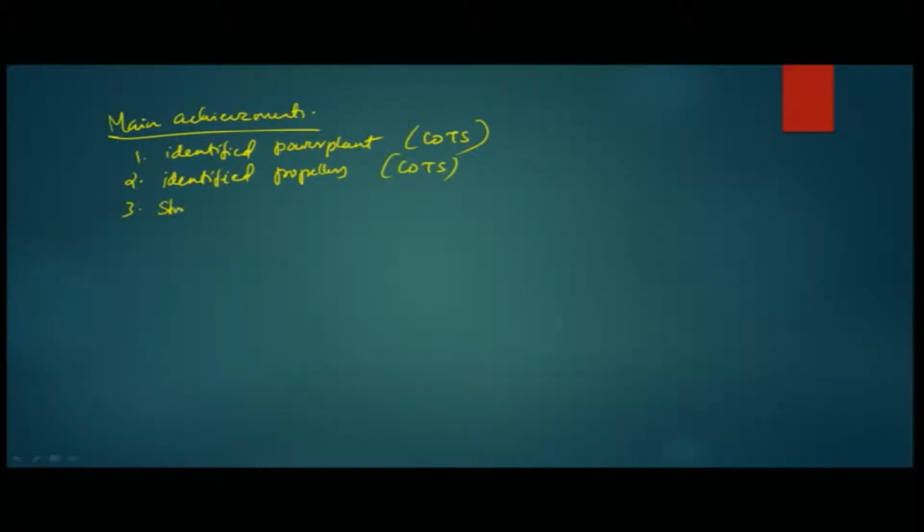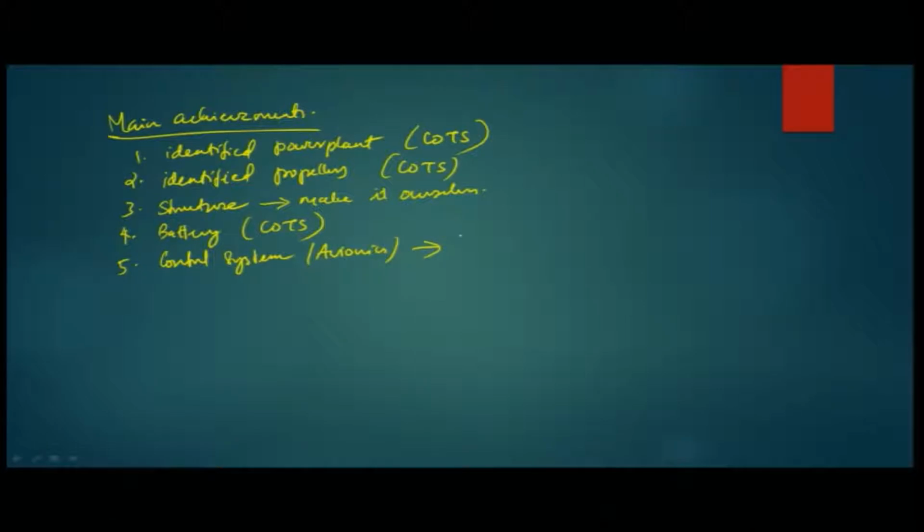Third is structure, make it ourselves. For battery, COTS. Then the control system, which is avionics, was assembled using COTS: sensors, chips, etc.